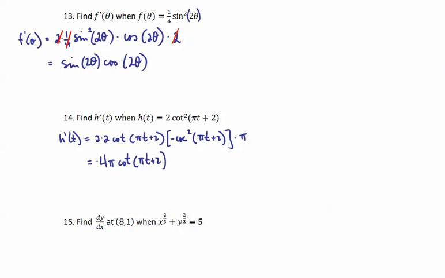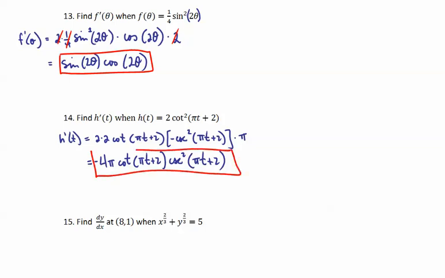We'll bring out that negative sign times the cosecant squared of pi t plus 2, and that does it for this one. So that's 13 and 14, and we'll go on to 15 now.